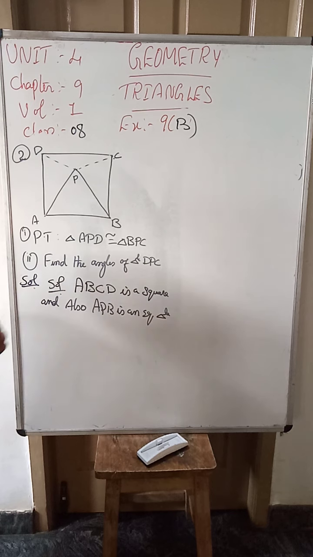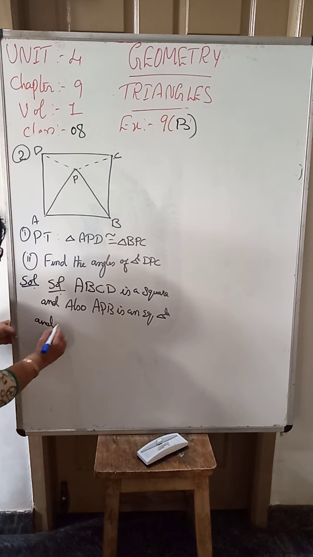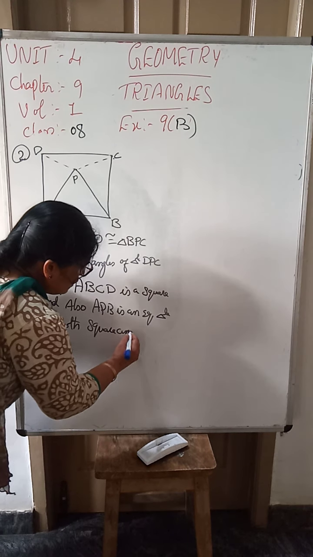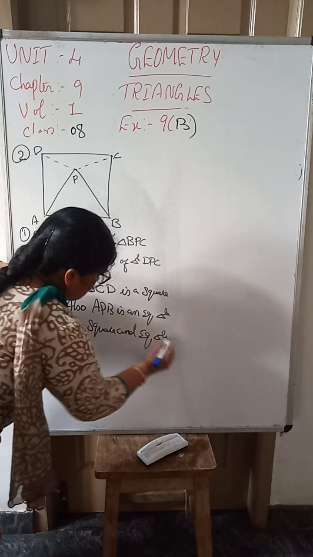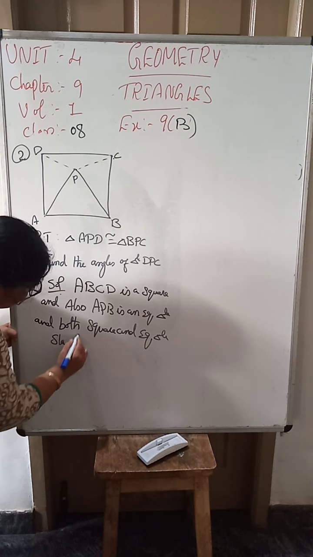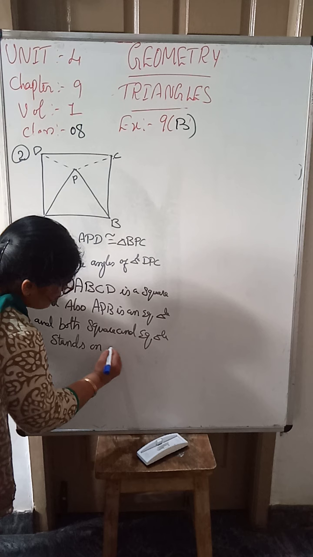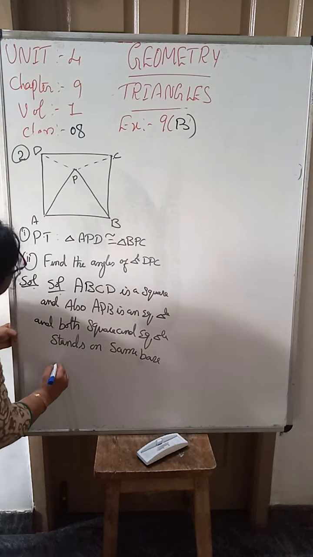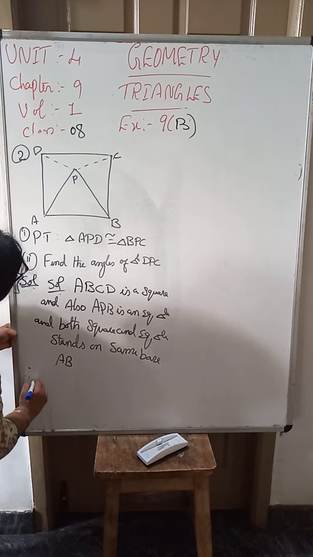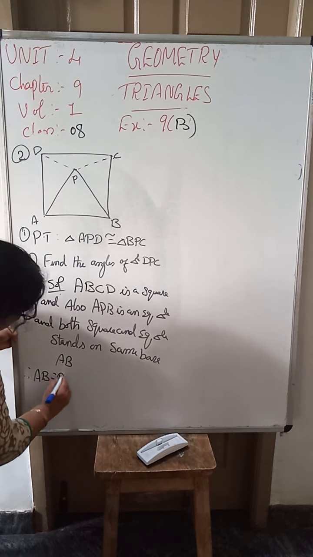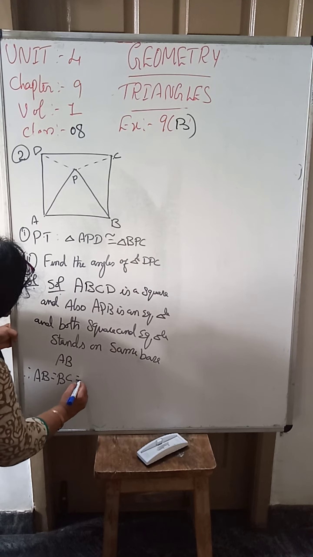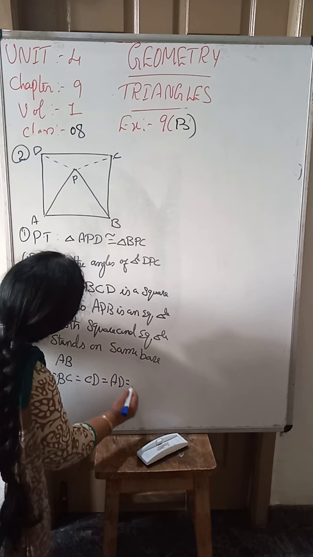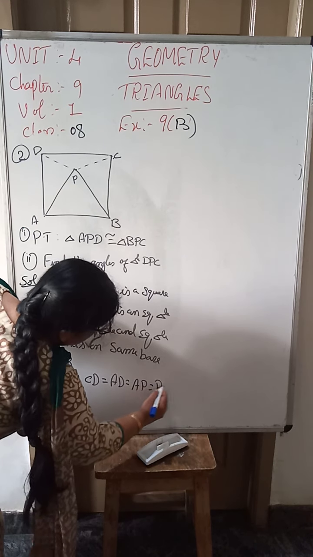And both the square and the equilateral triangle stand on the same base AB. Therefore, AB is equal to BC is equal to CD is equal to AD is equal to AP is equal to PB.